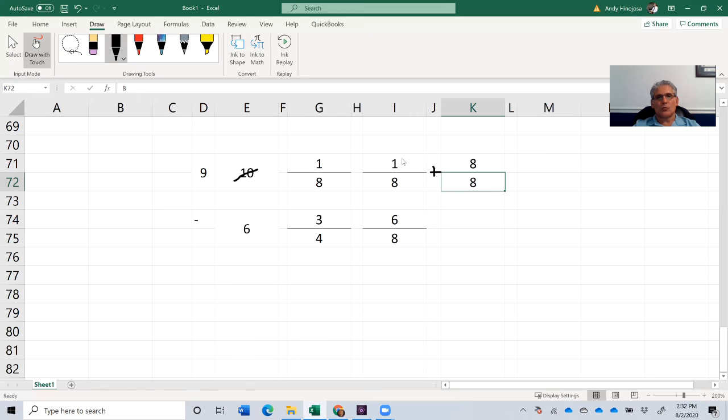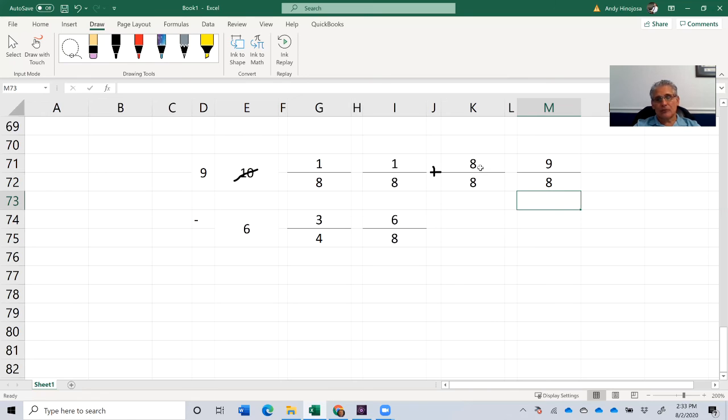So 1/8 plus 8/8 will give us 9/8. 1 plus 8 is 9, and the denominator carries over. So now we've converted this 1/8. We've added 1 to it, the 1 that we took away from the 10.